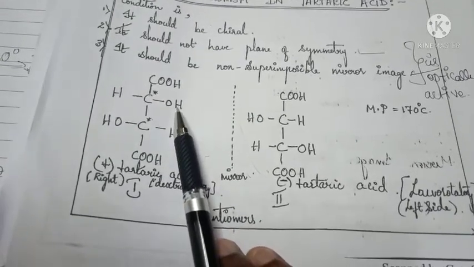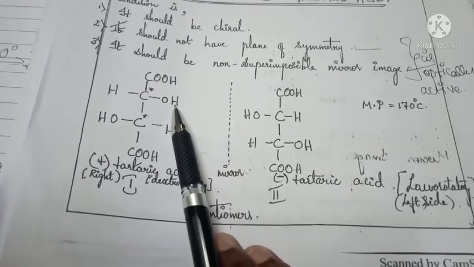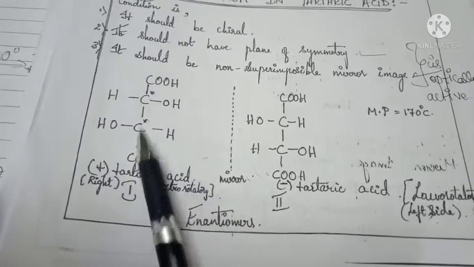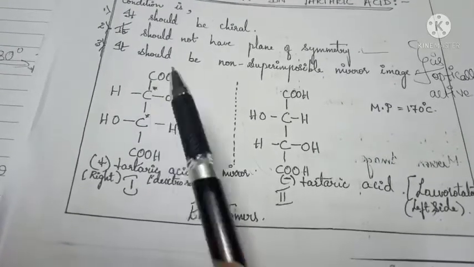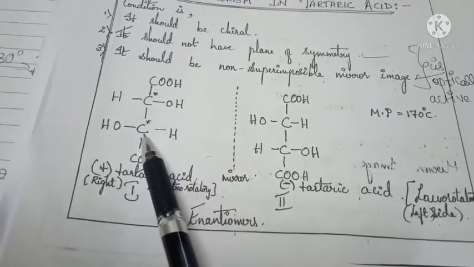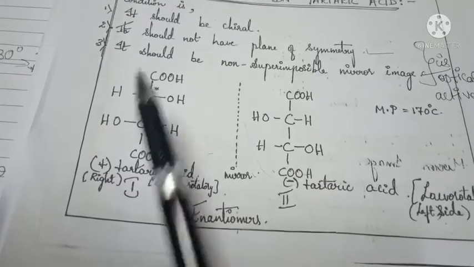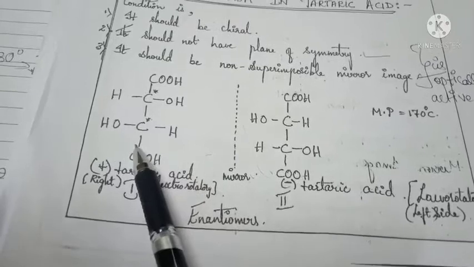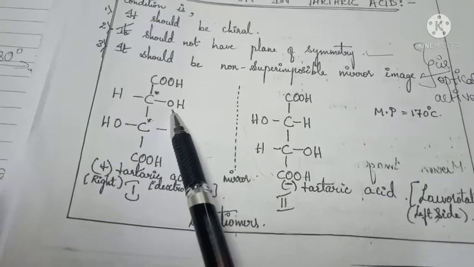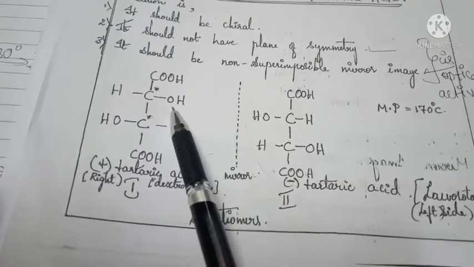OH group is present in the right side, so it is dextro rotatory. It has two chiral carbon atoms. This carbon atom is bonded with 4 different atoms, and this carbon atom is bonded with 4 different atoms. So that's why this is right, it means dextro rotatory.